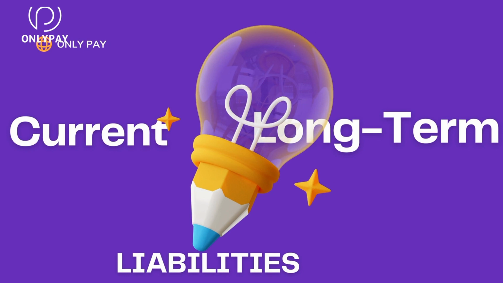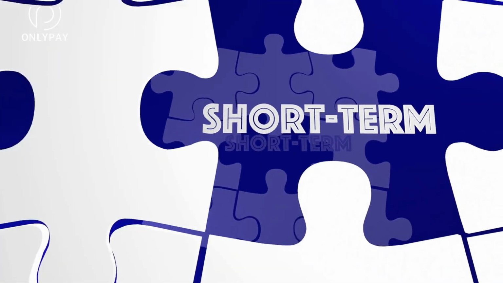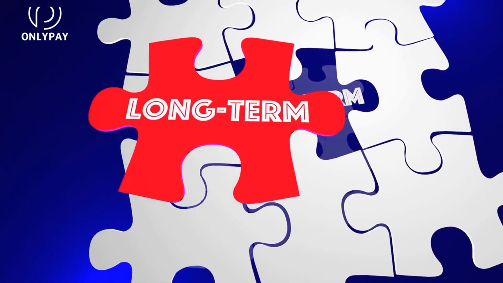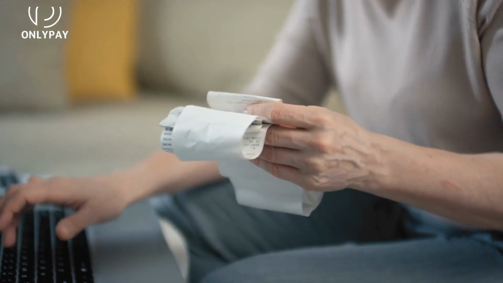Current versus long-term liabilities. Liabilities are also grouped into two categories, current liabilities and long-term liabilities. Current liabilities are those that are due in the next year, while long-term liabilities will not be due until at least a year later. Current liabilities typically represent money owed for operating expenses such as accounts payable, wages and taxes.